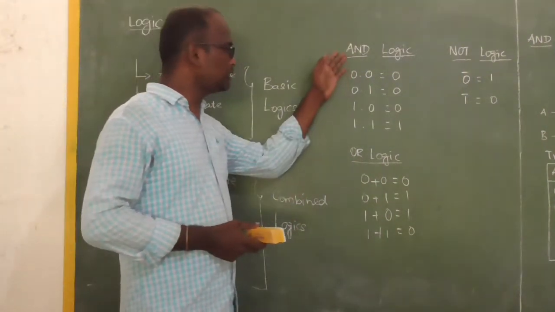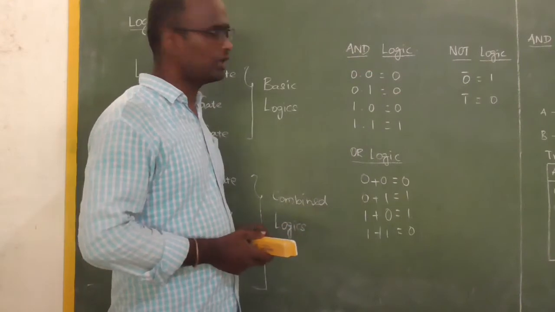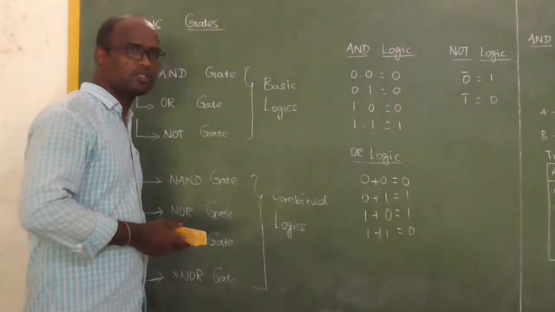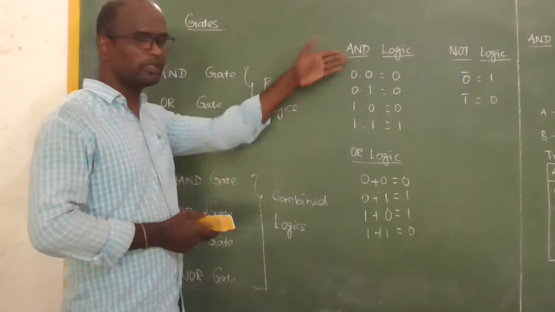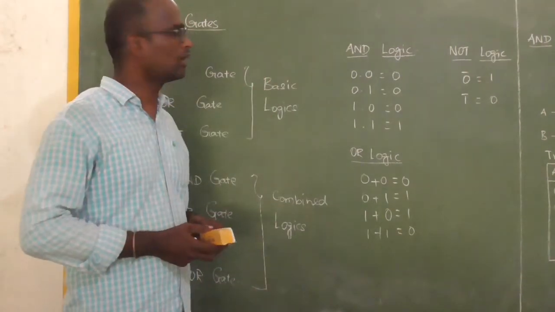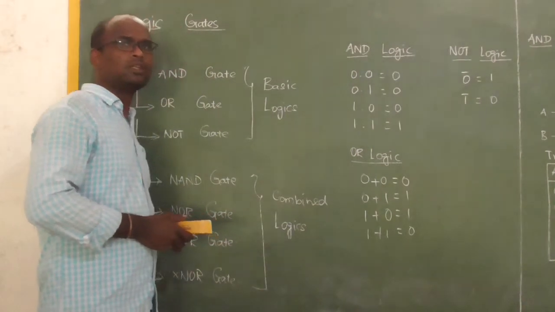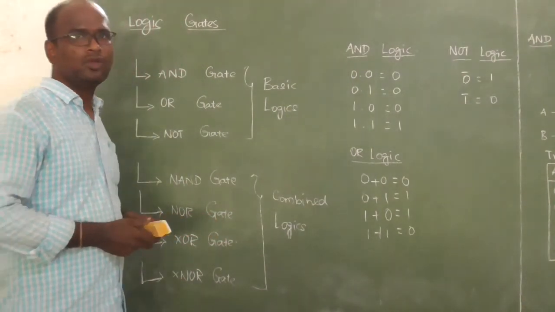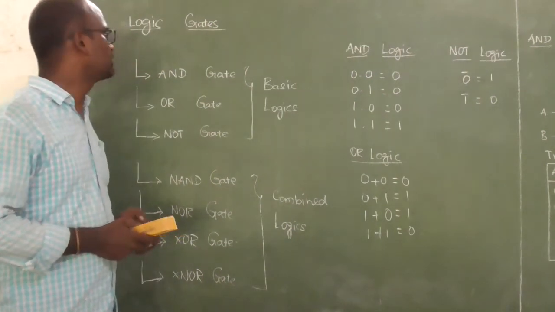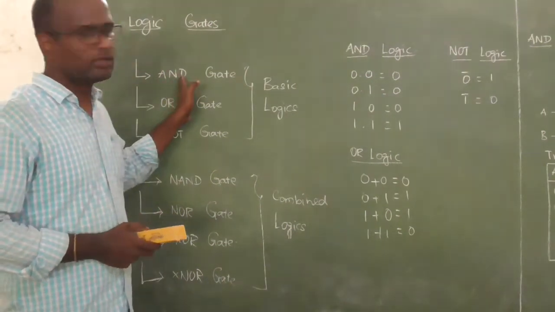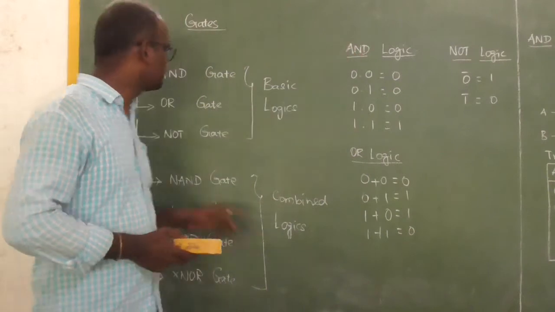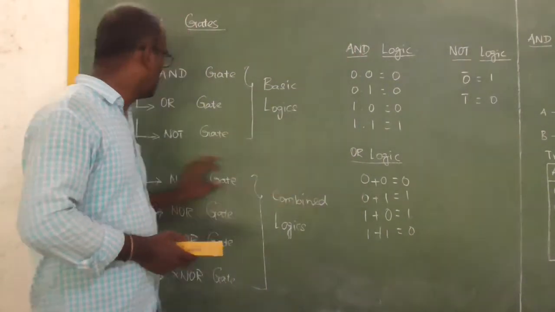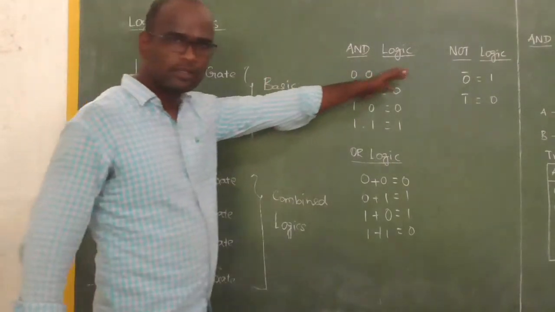We know that these 3 are the basic logic operations, so the 3 logic circuits according to these operations are referred to as basic logic gates. What are the basic logic gates? The AND gate, which performs the AND operation, the OR gate, which performs OR logic, and the NOT gate, which performs NOT logic.